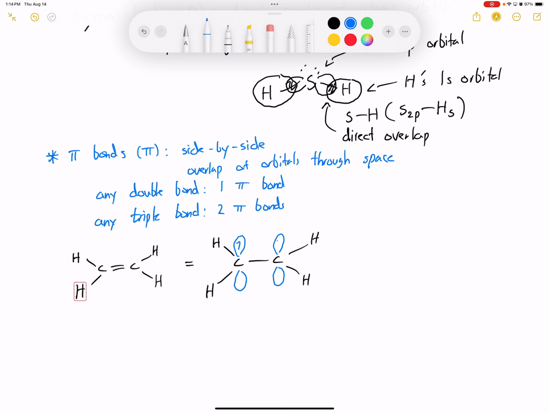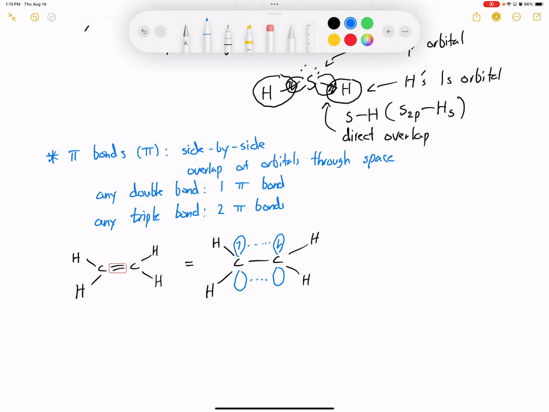Okay, and this electron here indicates that there's a bond here. And remember, in the p orbital, the electron can be in the top lobe or the bottom lobe. It doesn't matter. So the bond is actually above and below the bonding region between carbon atoms. So that's why the double bond is so much stronger than the single bond.